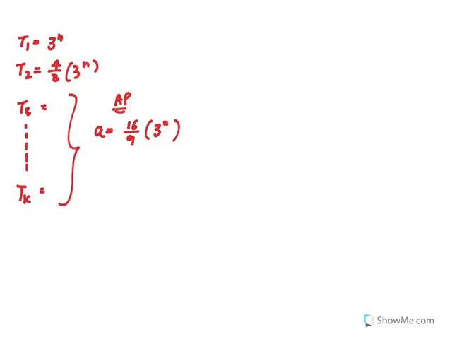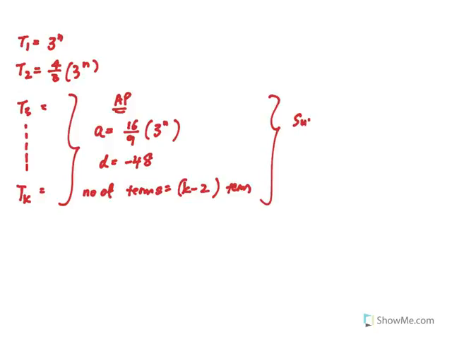Our common difference is negative 48, and our number of terms is k minus 2 terms. So from there, we now just need to find the sum of this AP.